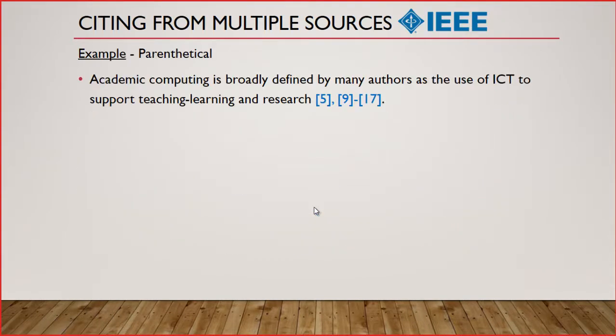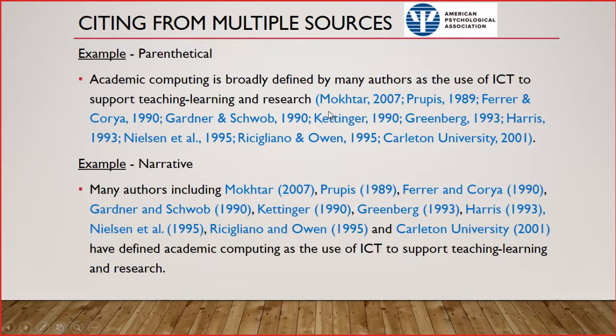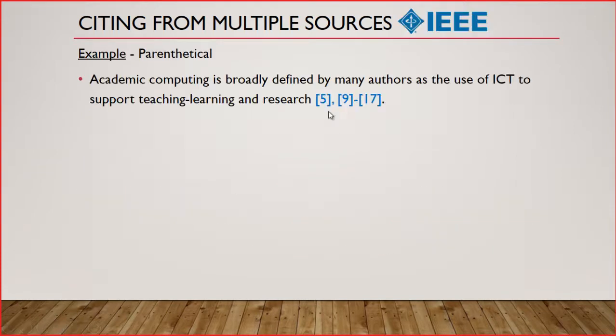For IEEE, because you are referring to just numbers, for example, if Mokhtar 2007 is number 5, you can put in 5 comma.